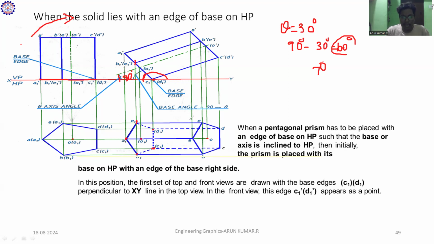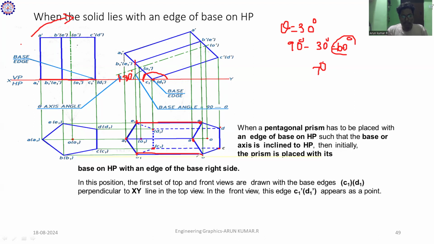Similarly, A dash is mapped with A, B dash with B, C dash with C, D dash with D, and E dash with E. Then you just join these lines. For example, E and E dash are on the same line, so I join them, and likewise B1. Similarly I join the remaining lines.